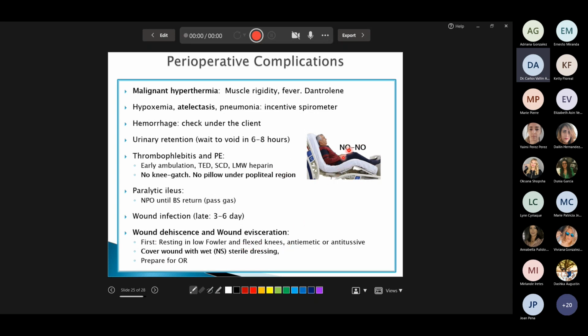So the patient needs to flex the legs. Give an antiemetic or antitussive if the patient is coughing or gagging, and after you put the patient in this position, cover the wound with a sterile dressing moistened with normal saline, and prepare for surgery, okay?